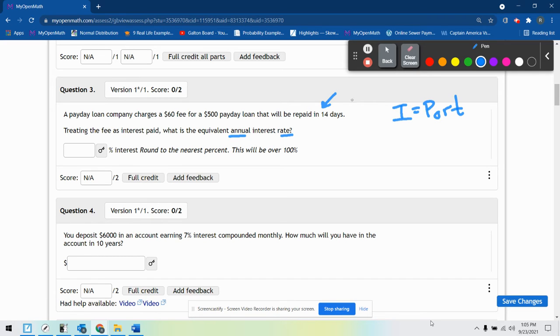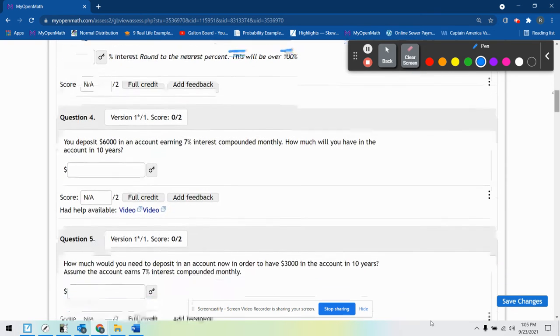So 14 days in terms of years is going to be 14 365ths of a year. If I divide a year up into 365 days, I'm talking about 14 of them. So 14 days is 14 365ths of a year. Plugging it in, solve for the unknown.